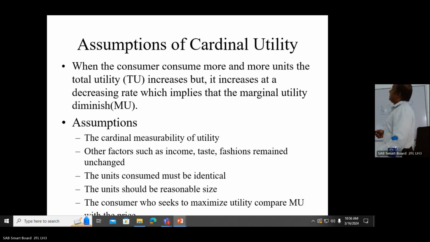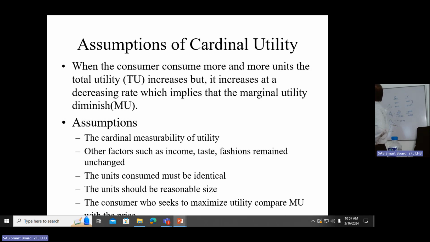Okay. So what are the assumptions? We assume cardinal measurability, right? We assume utility can be measured in money terms, or we can measure the satisfaction gained by consuming, like in utils. And the other factors that determine demand, such as income, tastes, and fashions, remain constant.